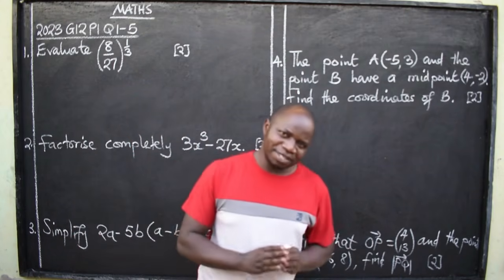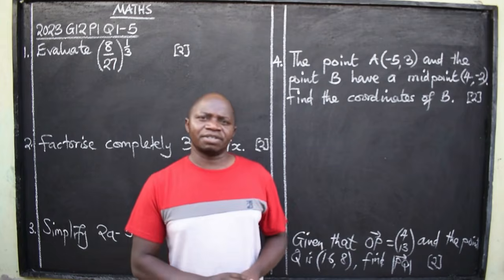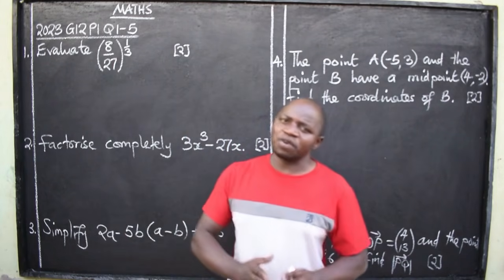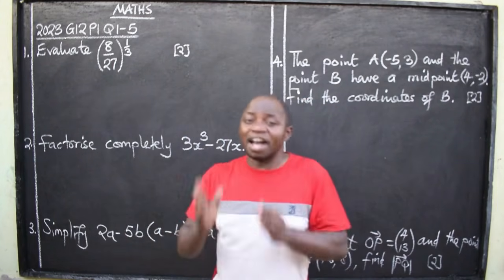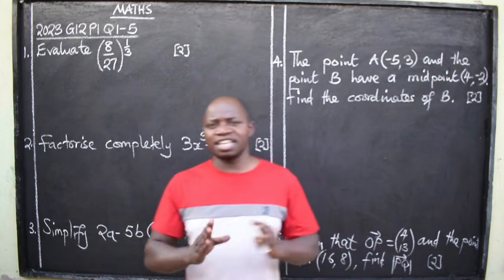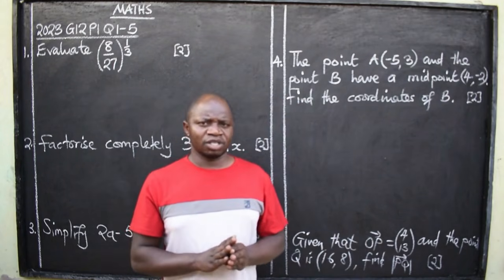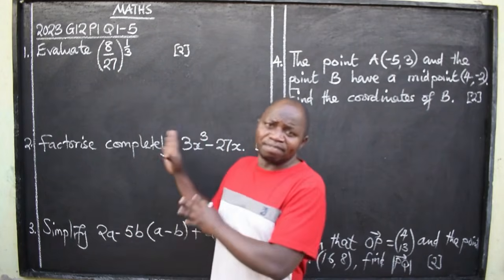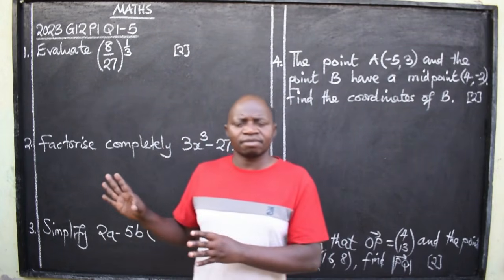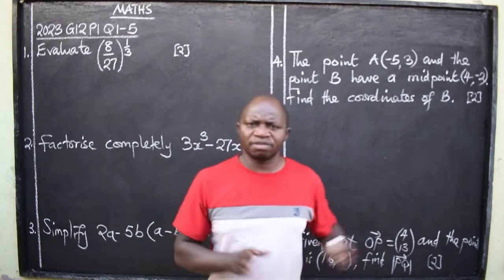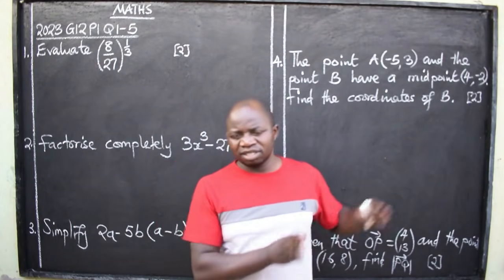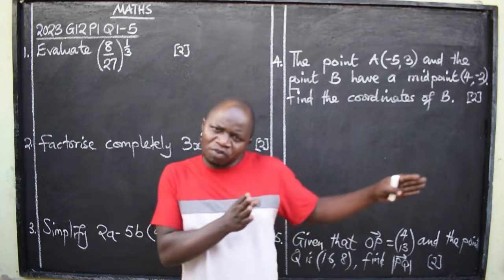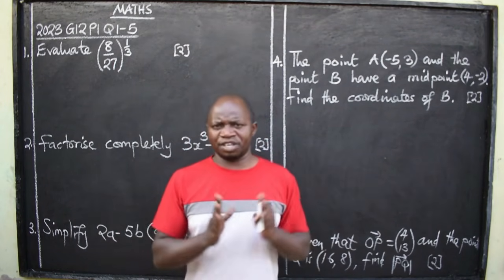Now, there is something I have to emphasize. Never should you fail the first 5 to 10 questions in any ECZ exam. Don't fail, in mathematics to be specific, the first 5 to 7. Before 10, don't fail those questions.